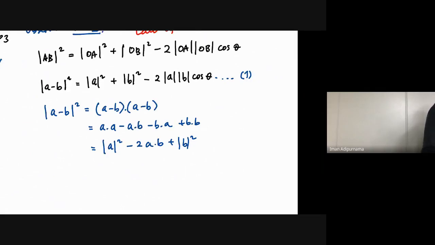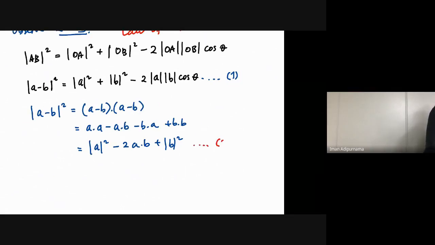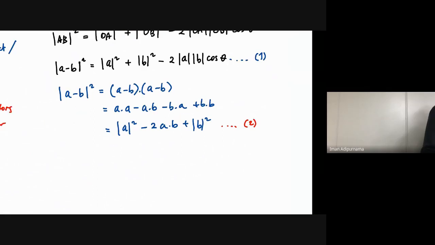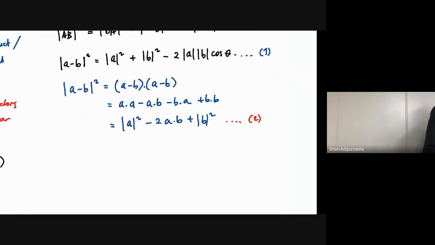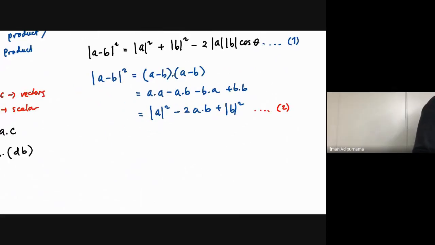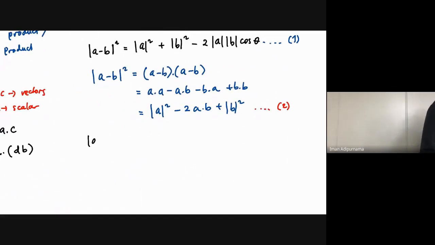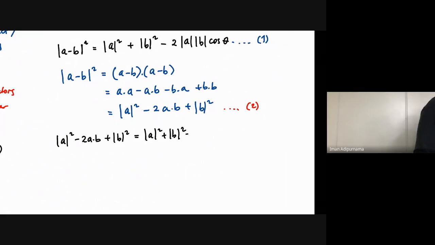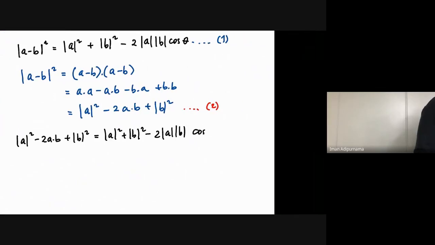This is the second equation. And let's put the second equation into the first equation. So it will be A squared minus 2 A dot B plus B squared equals A squared plus B squared minus 2 A B cosine theta.